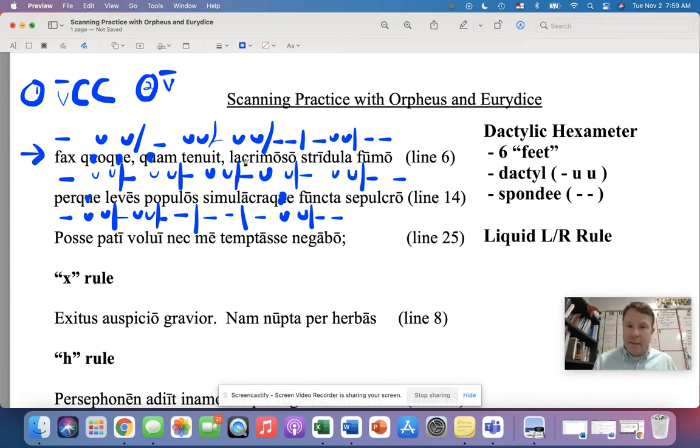But the rule is that if one or both of those consonants in that cluster is an L or an R, or two L's or two R's, or an L and an R, whatever, then we can make this long or short, whatever we want it to be. So this is how we came up with this line, and then we practiced with these other lines.